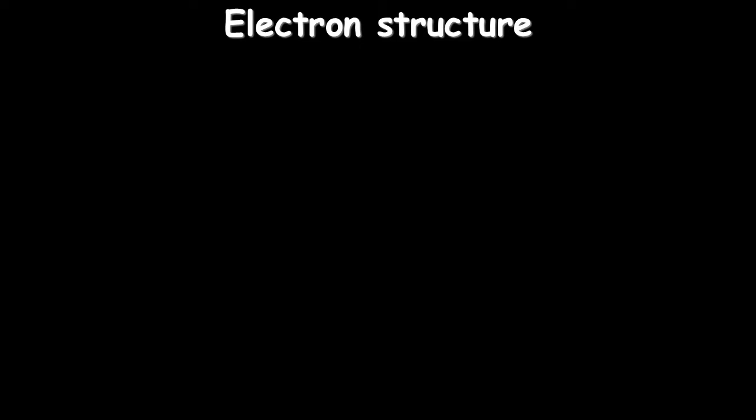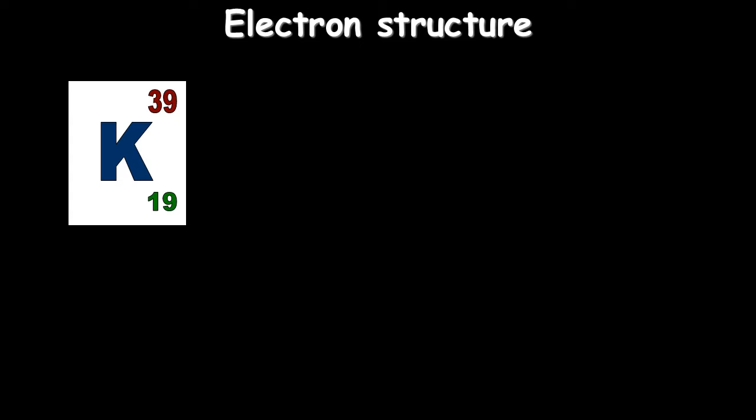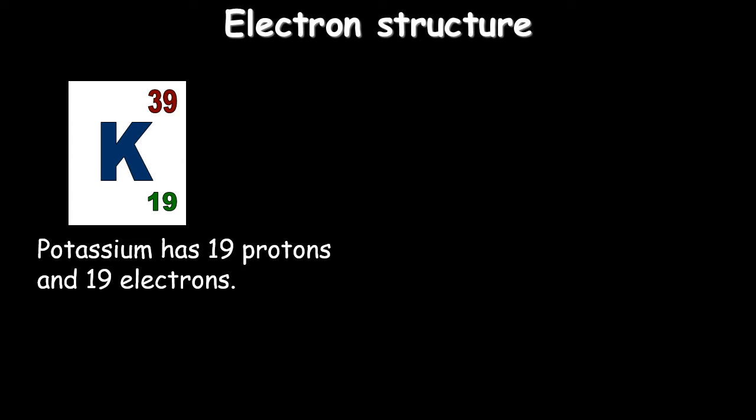So what you could do with these numbers is try to draw the electron structure for your atom. So we'll go back to the example of potassium, and as you know, it has 19 protons and 19 electrons. What you need to know in order to be able to draw the electron structure is a couple of rules for the electron shells.